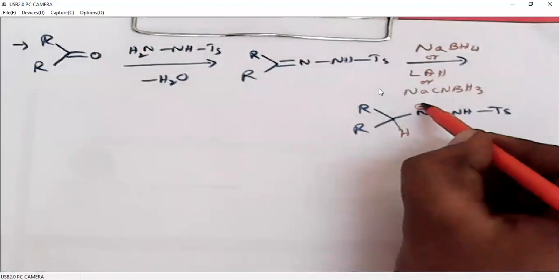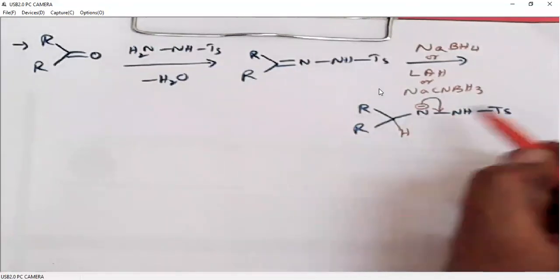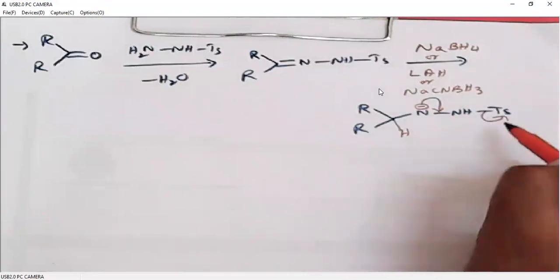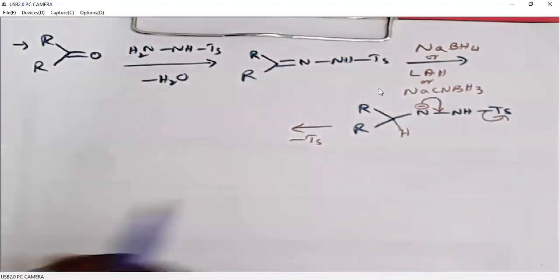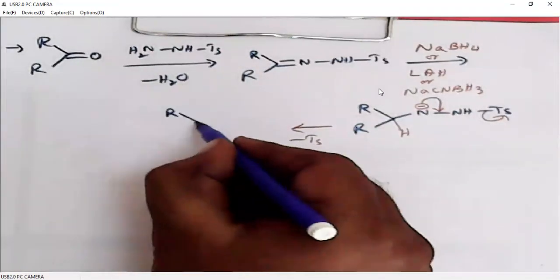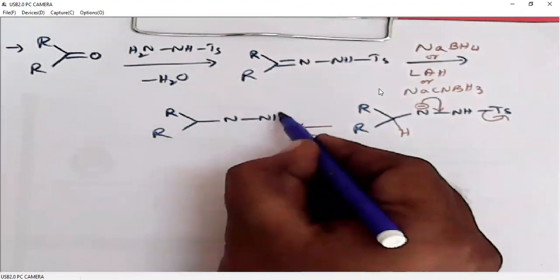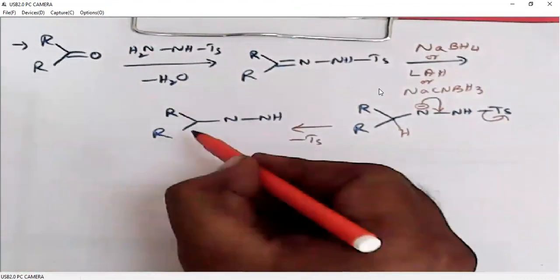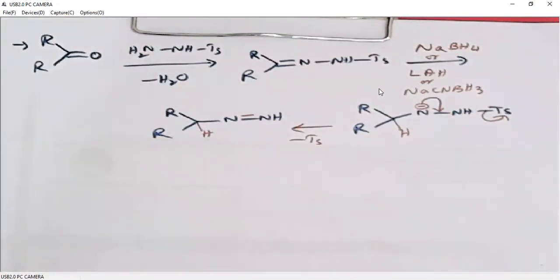Now this negative charge will be polarized so that the tosyl group, which is a good leaving group, will be leaving. So now we are generating a nitrogen-nitrogen double bond.